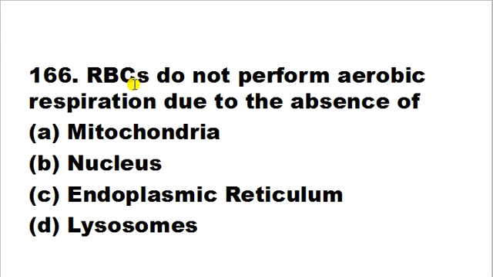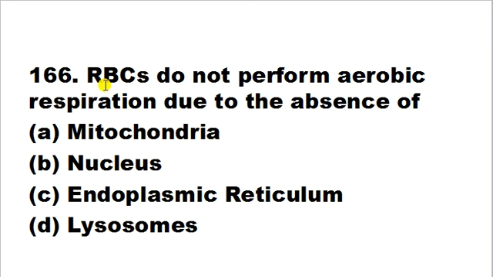RBC or red blood corpuscles do not perform aerobic respiration due to absence of mitochondria, nucleus, endoplasmic reticulum, lysosome. So friends, here we have to remember that respiration always takes place in the mitochondria of the cell.